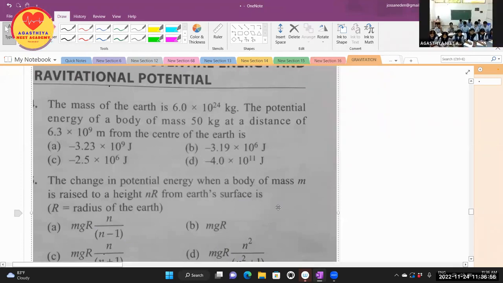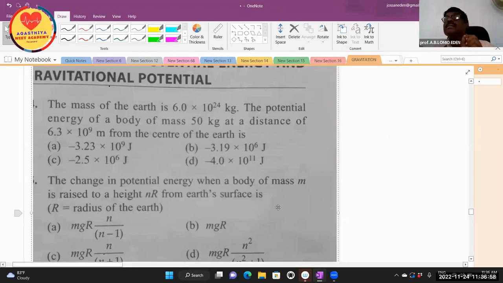Question is to find out the gravitational potential of mass 50 kg at a distance of 6.3 into 10 to the power of 9 meter from the center of the earth. How to find out? You have to consider the mass of the earth and the mass of the body.